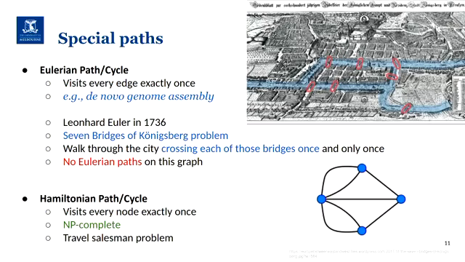So basically, the traveling salesman problem is finding the Hamiltonian cycle with minimum cost. So it's even more complicated than just finding a Hamiltonian cycle. And if a graph does have an Eulerian path, we call it an Eulerian graph. If a graph has a Hamiltonian path, we call it a Hamiltonian graph.